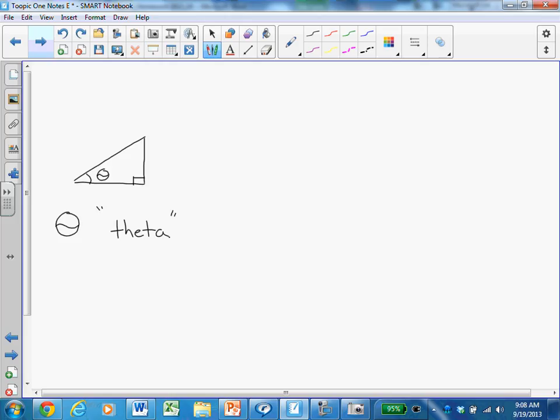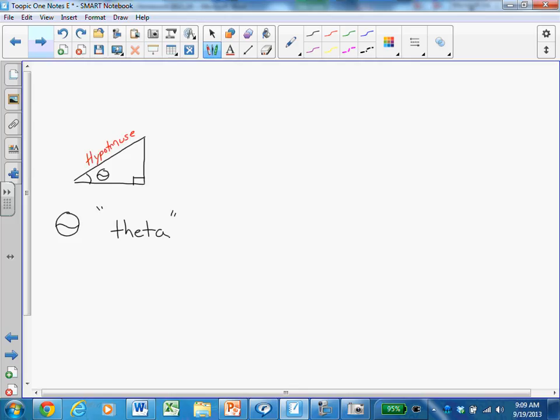Okay. Now, we have three different sides to our triangle. This side that is right here, what do we call that side across from the 90-degree angle? The hypotenuse. Right, Kayla?